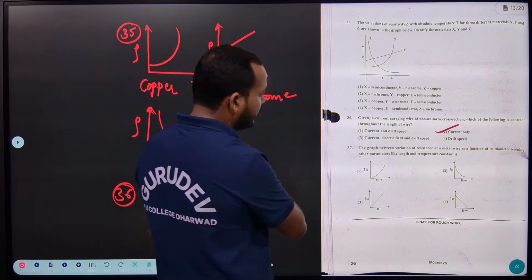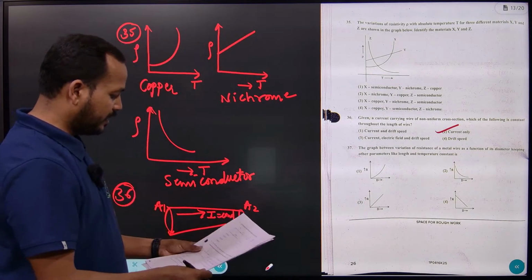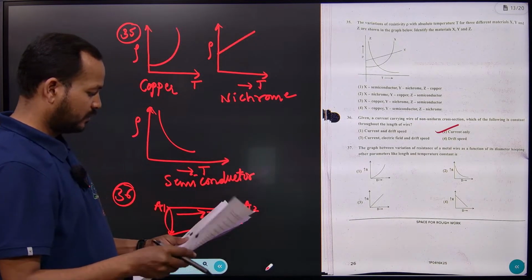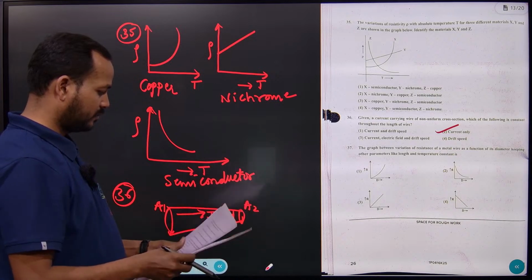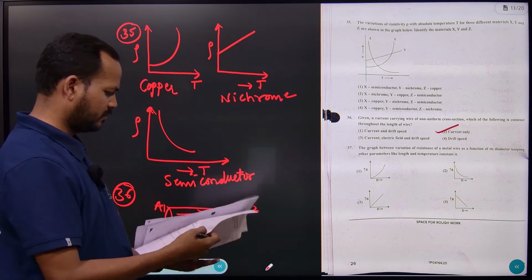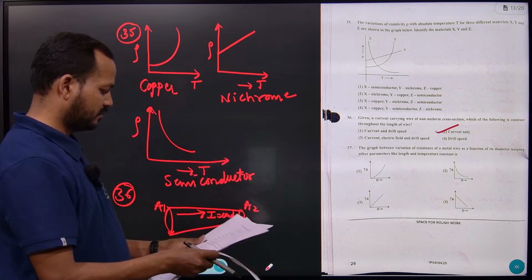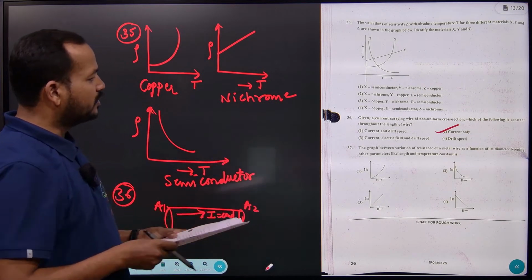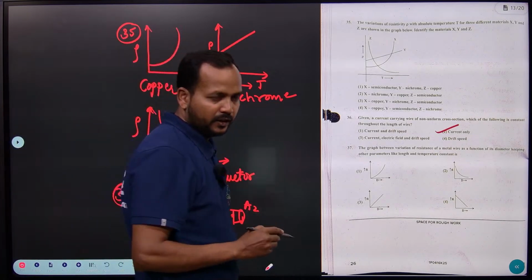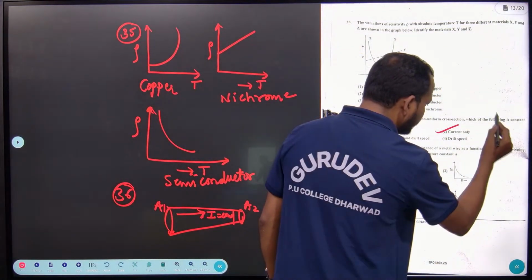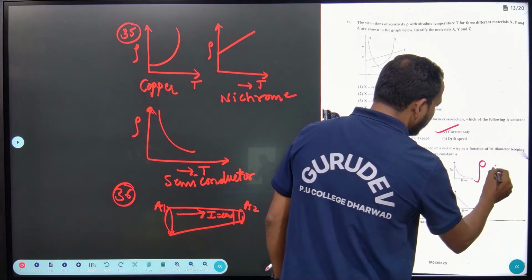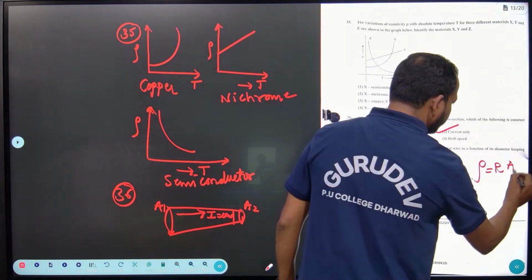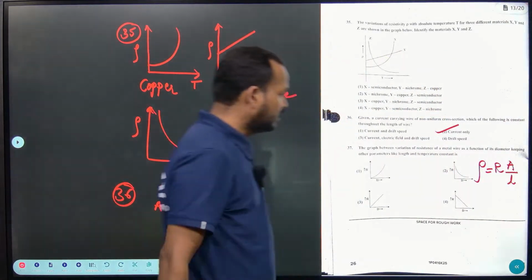Now question number 37. So here the graph depends on resistivity. What is the formula for resistivity? Resistivity is equal to resistance R into A by L. Correct?